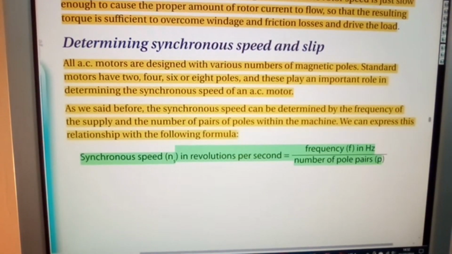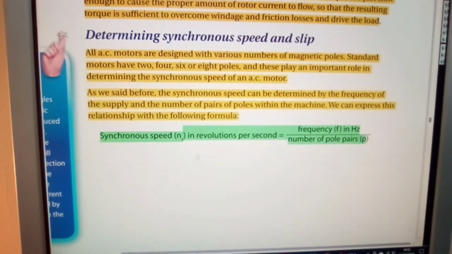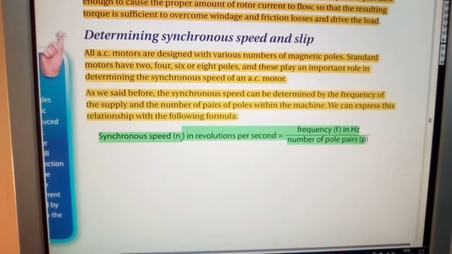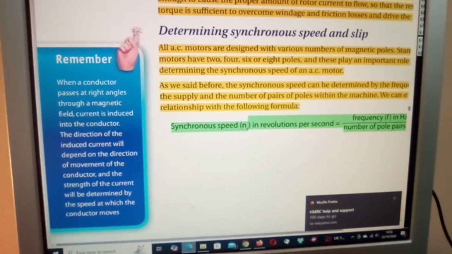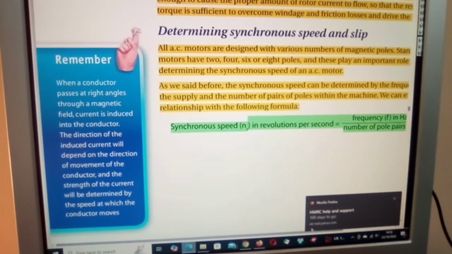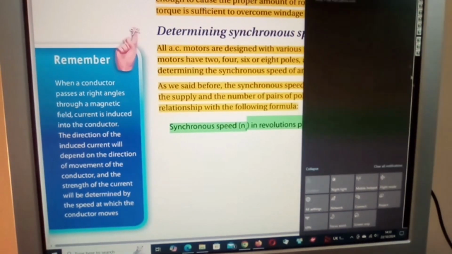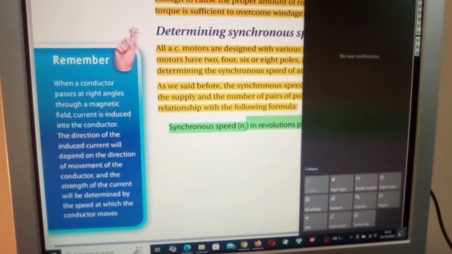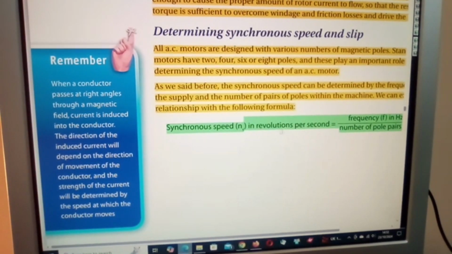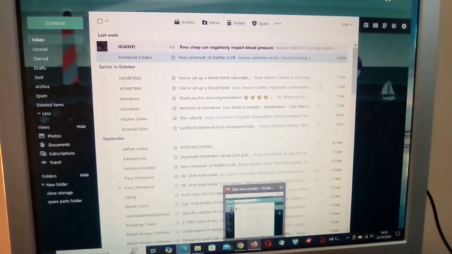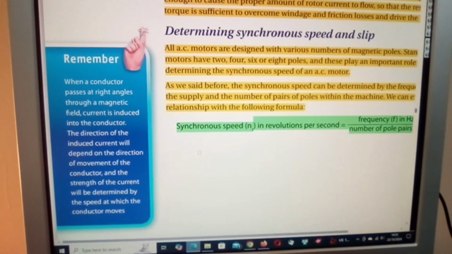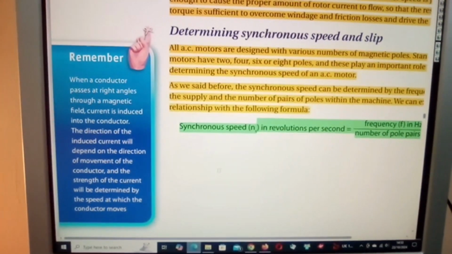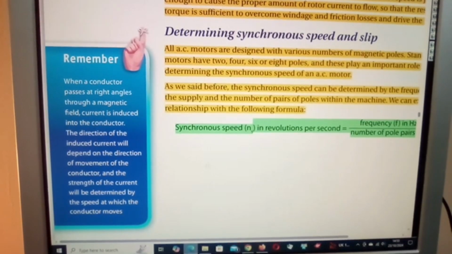Okay, let me just bring this down to reduce this in size again. When a conductor passes around, well, you should know that by now.